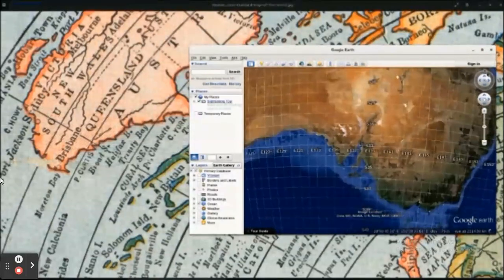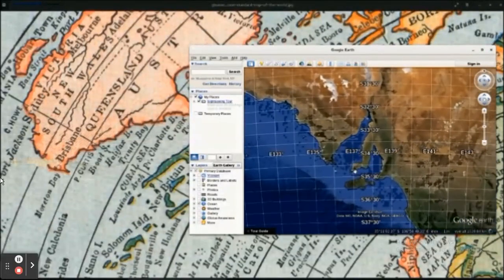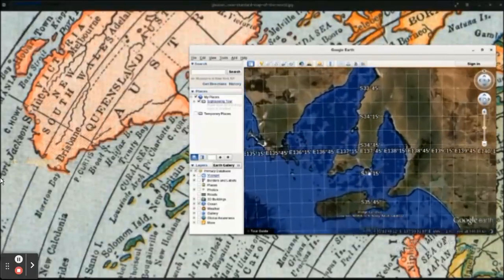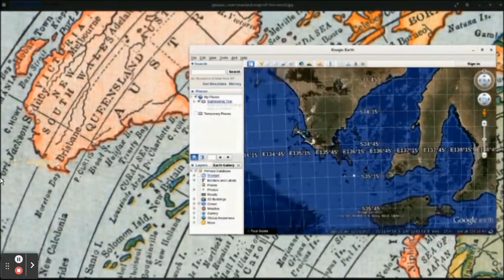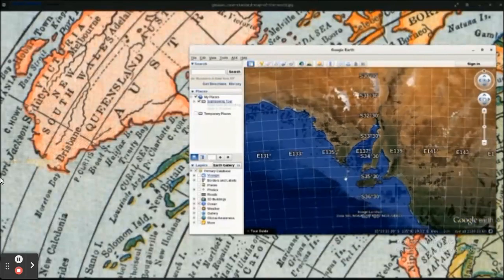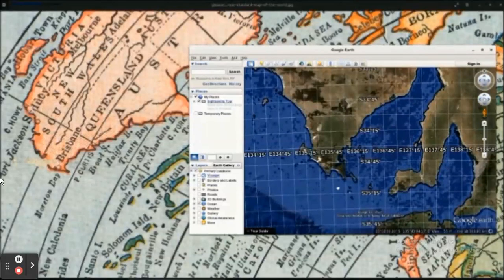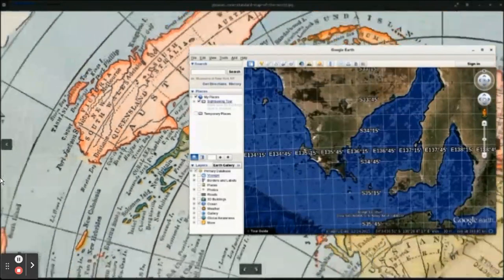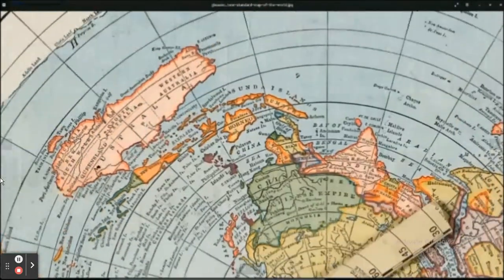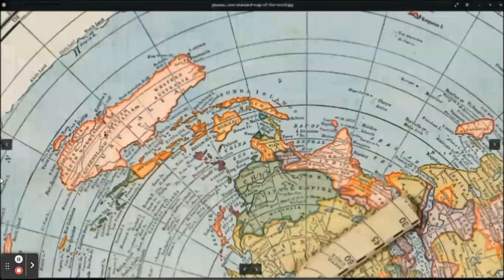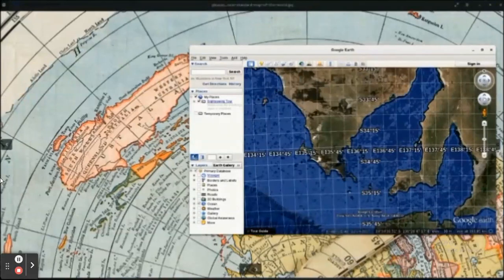So then I decided to look at longitude lines. And I think I went to 135 on this one here, 135 east. And as you can see, you can tell by the geographic points that when you look at the Gleason map and zoom in, you notice the 135 degrees is exactly where it goes through.